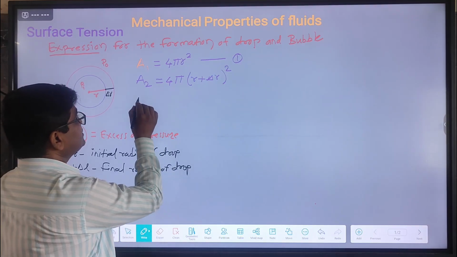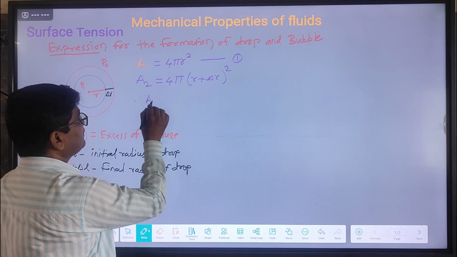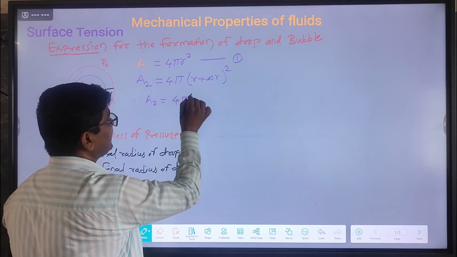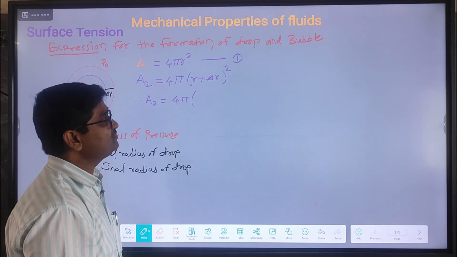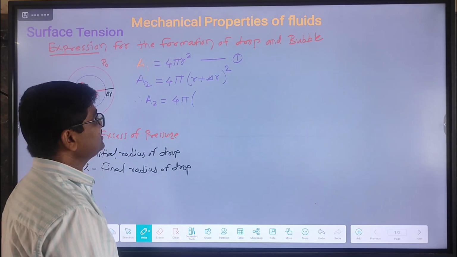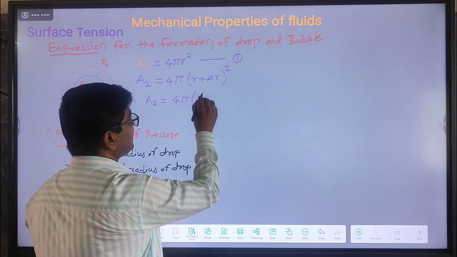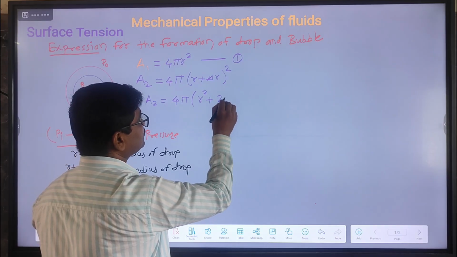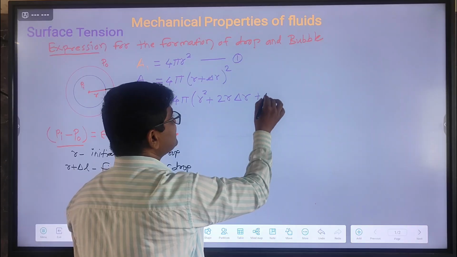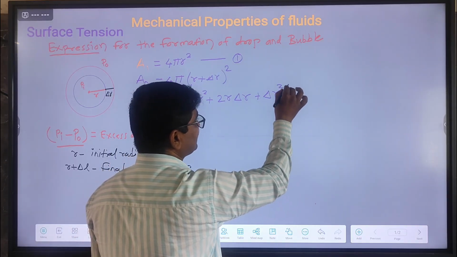Now A2 is equal to 4 pi times (r plus delta r) square, and let's expand this using the (a plus b) square formula. The expansion is a square, r square, plus 2ab, 2r into delta r, plus b square, delta r square.